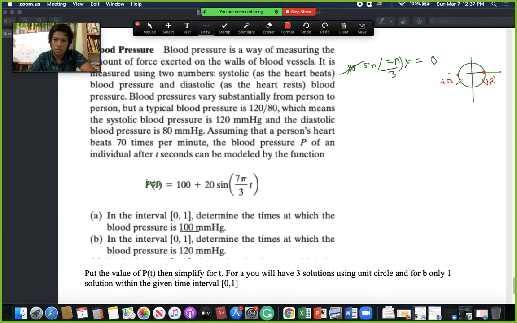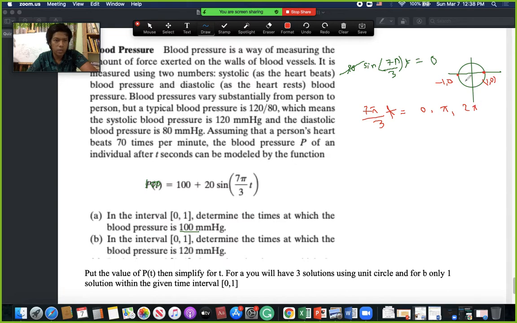So that means we can write 7 pi divided by 3 into t equals to, so we have this thing at 0 degree, then at pi degree, and then again if we come back to 2 pi, again we will have sine 0 degree, sine 2 pi equals to 0.